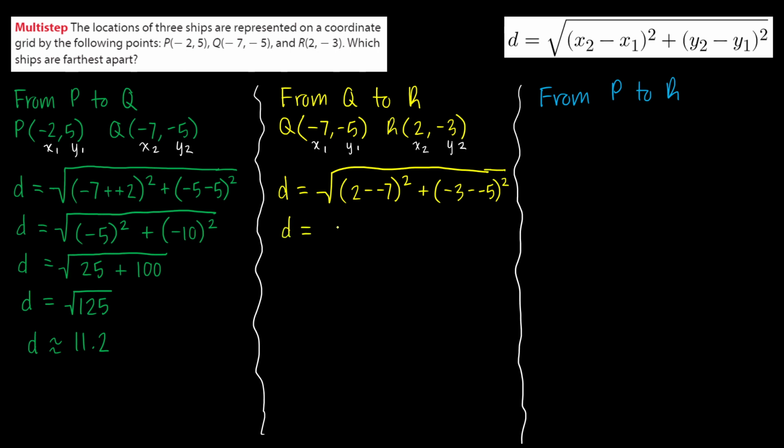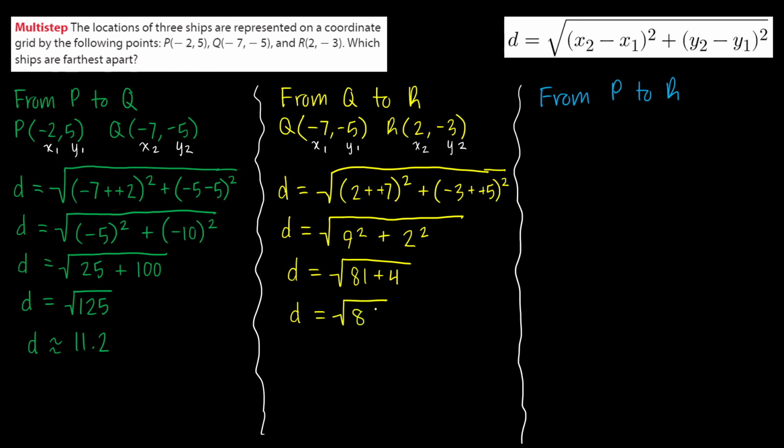So D is equal to, 2 minus negative 7 is just the same as 2 plus 7, so that's 9 squared, plus negative 3 minus negative 5, or negative 3 plus 5, is positive 2 squared. So distance equals the square root of 81 plus 4, which means it is the square root of 85.